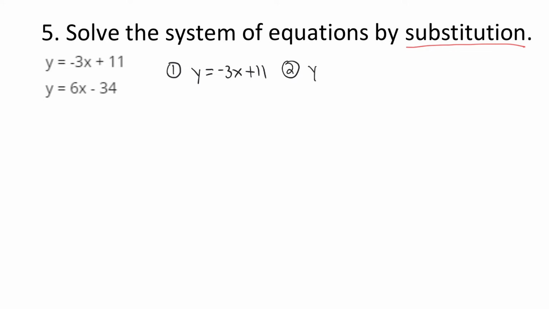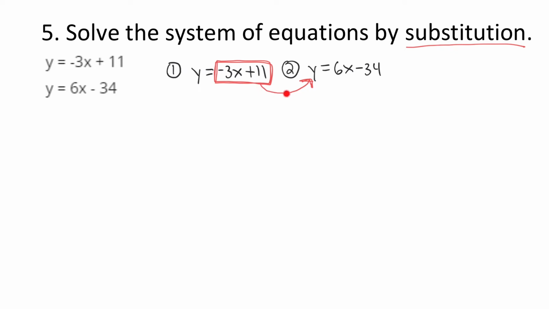Now the other equation, which is the bottom, the one I didn't use in step number 1, is y equals 6x minus 34. So I'm going to take all the y value, y equals negative 3x plus 11, all of this, into the y of the other equation right there, because all of this is the value of y.